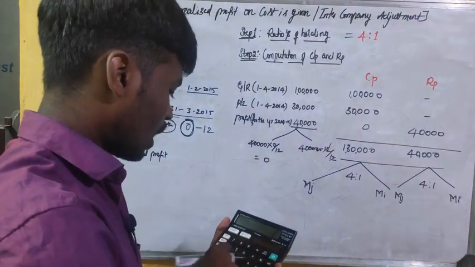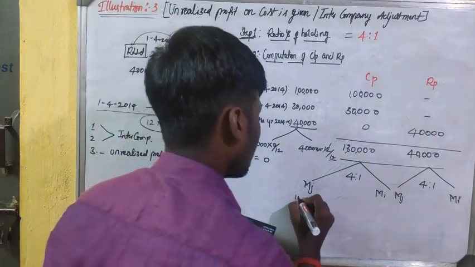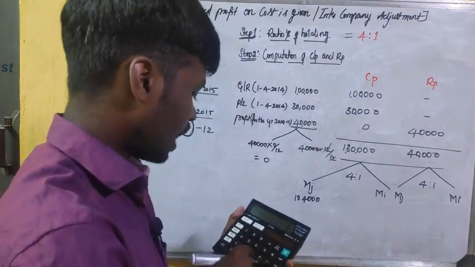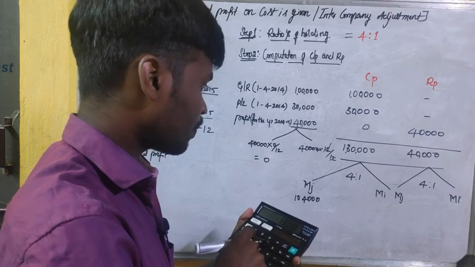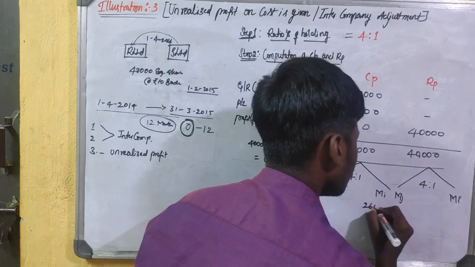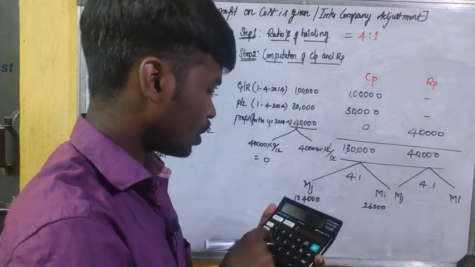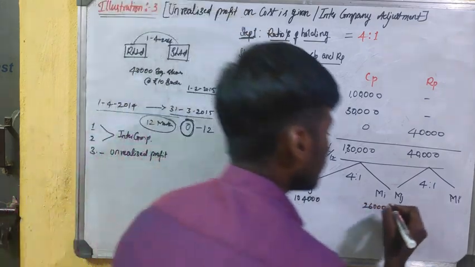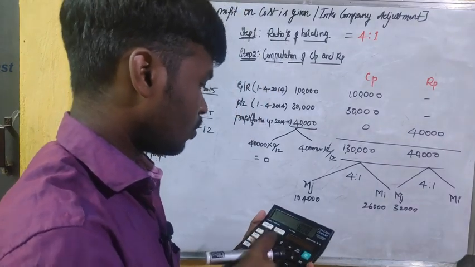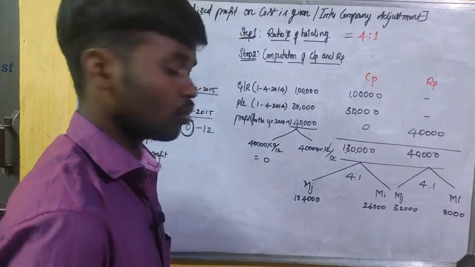See, 1,30,000 into 4 by 5, so 1,04,000, and 1,30,000 into 1 by 5, so 26,000. Next, the revenue profit distribution: 40,000 into 4 by 5, that is 32,000.